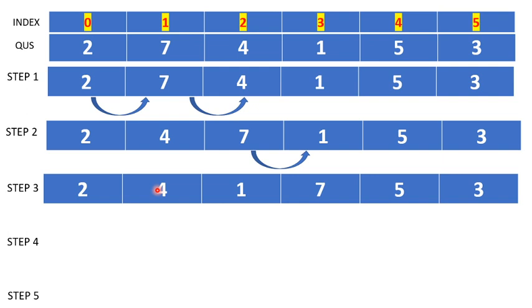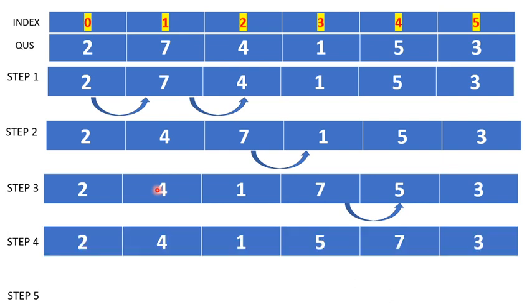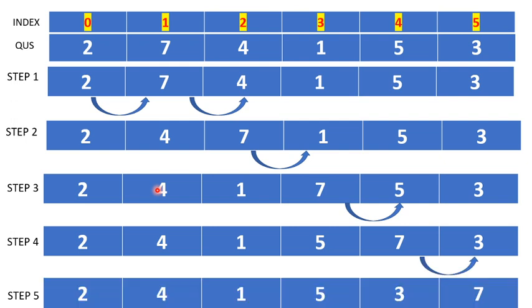Now we will scan index 3. Now 7 will be compared with 5, and again we will swap 7 and 5. Next we will compare 7 and 3, and again swapping is done.